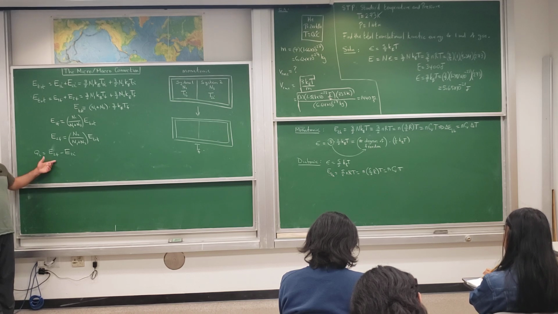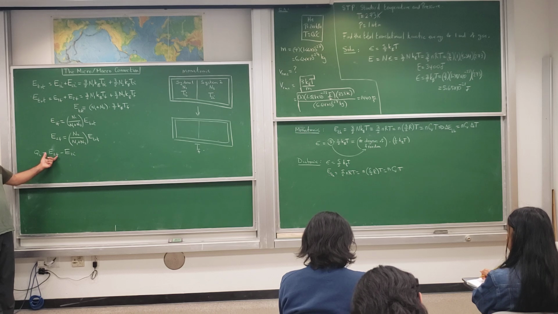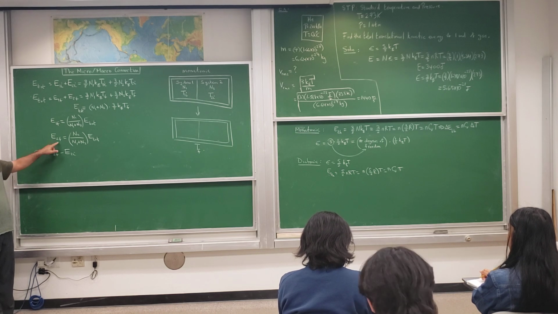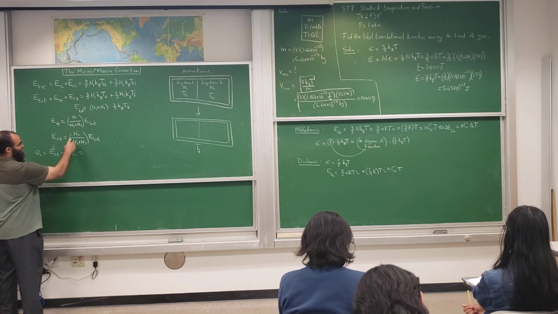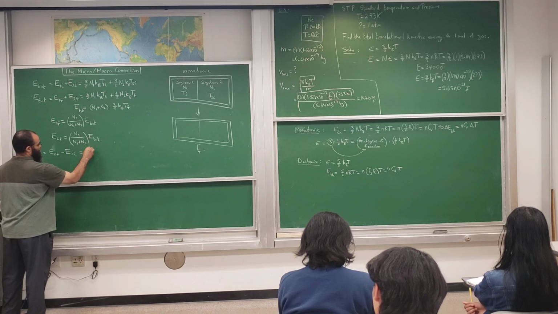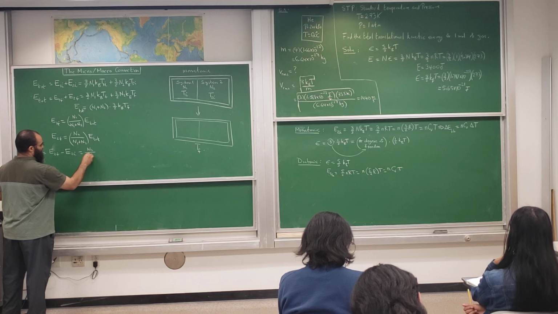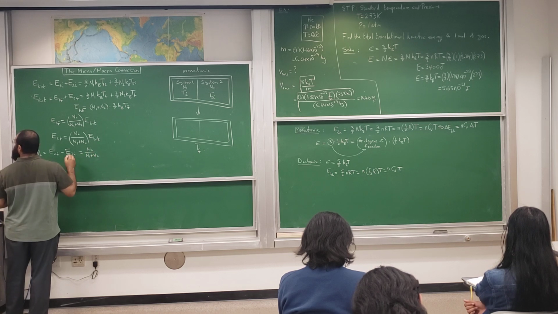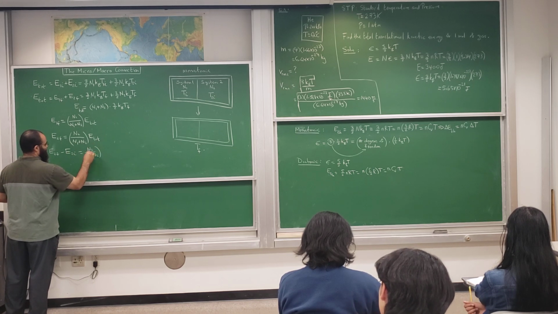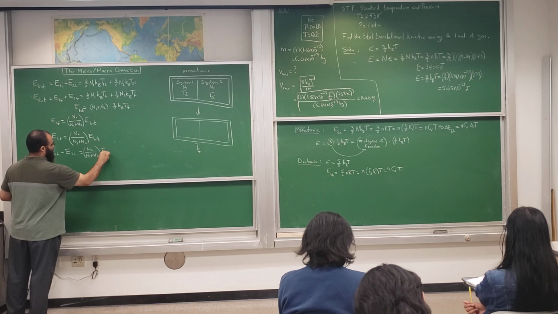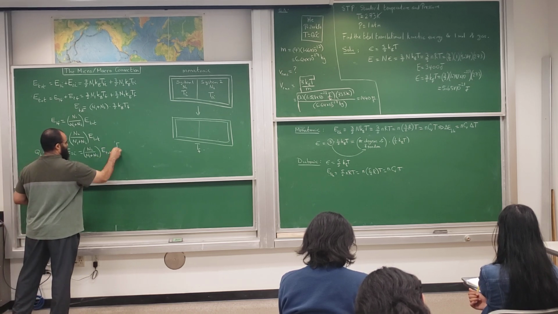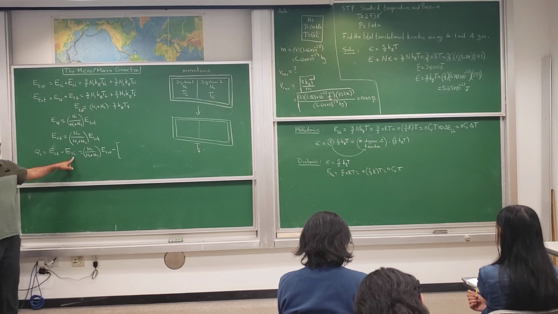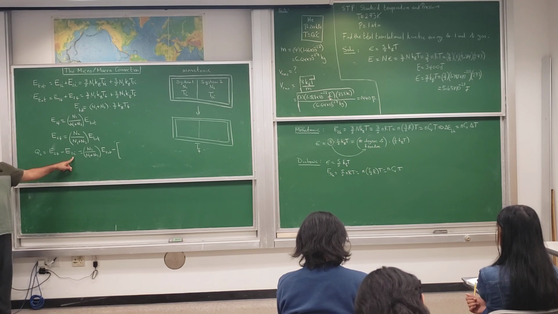And so I'm going to work with this. E2 final is this, N2 over N1 plus N2 times E total, and then minus E2 initial.